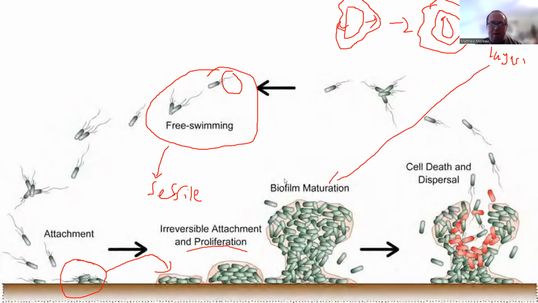Both of these then combine to create what is known as a biofilm. And the biofilm is basically the same glycocalyx structure as a capsule, but a capsule that has been expanded out into space.